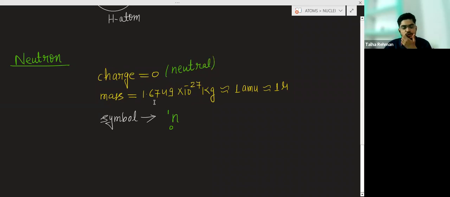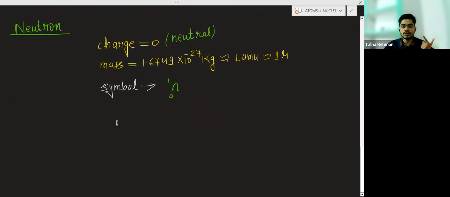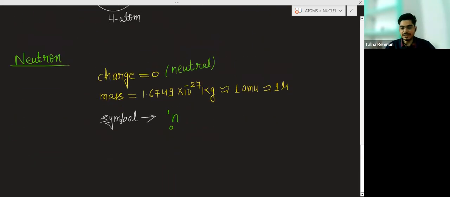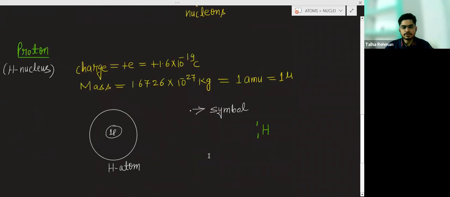The mass of the neutron is 1.6749 times 10 to the power minus 27 kg, and the mass of the proton was 1.6726 times 10 to the power minus 27 kg. So when you compare them, the mass of the neutron is slightly more than that of the proton, and these two masses you can consider approximately equal.